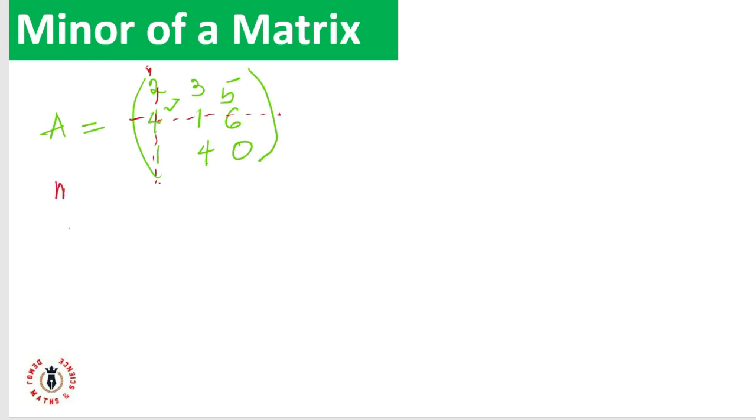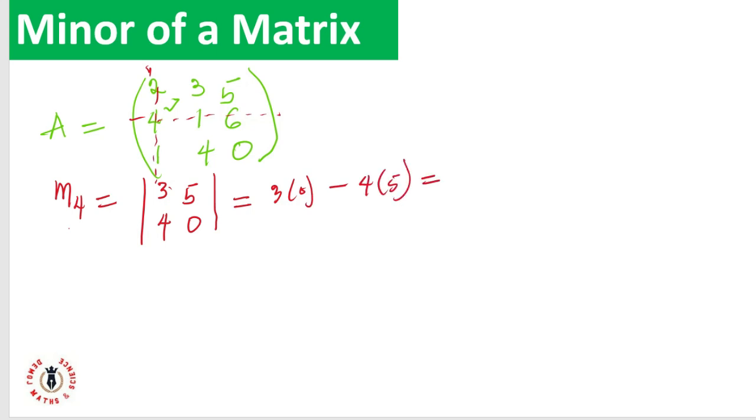The minor will come from the determinant of 3, 5, 4, and 0. So that will be 3 times 0 minus 4 times 5, which is equal to 0 minus 20, which is equal to minus 20.